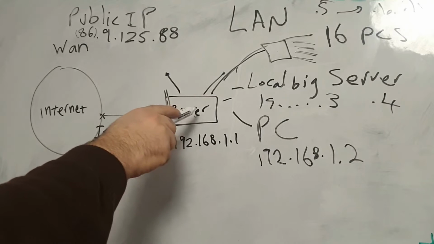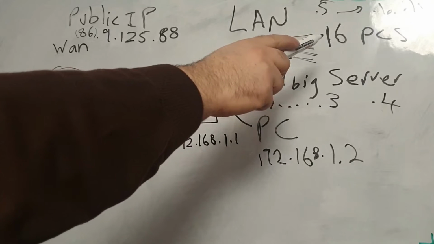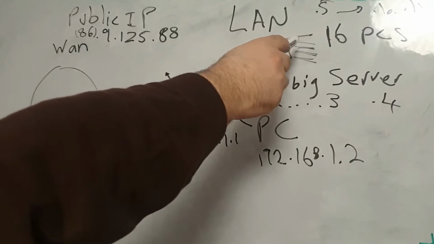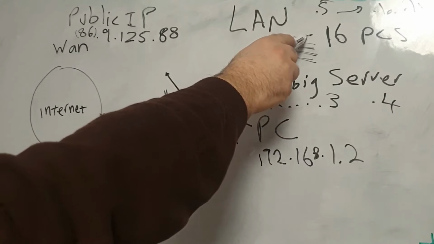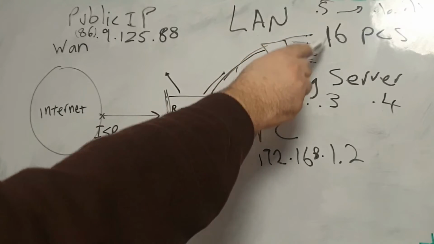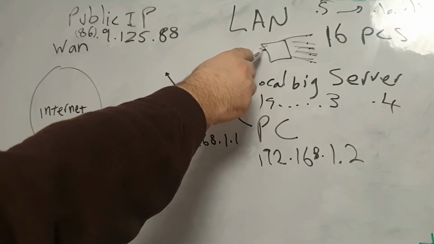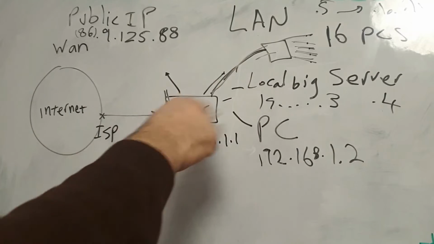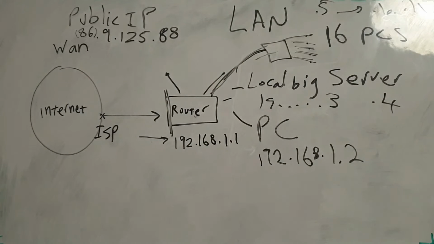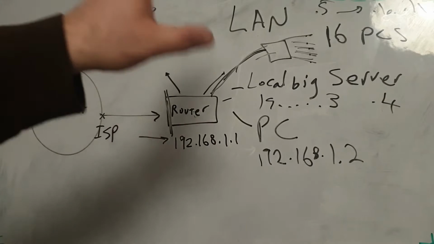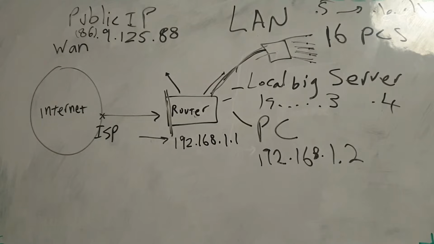But that router will recognize all 16 PCs, and then will dedicate separate IP addresses to each of them, even if it's connected by one cable. So that's the way a network works. It's not the number of cables that are going to the router, it's the number of devices that finally are connected to that router.